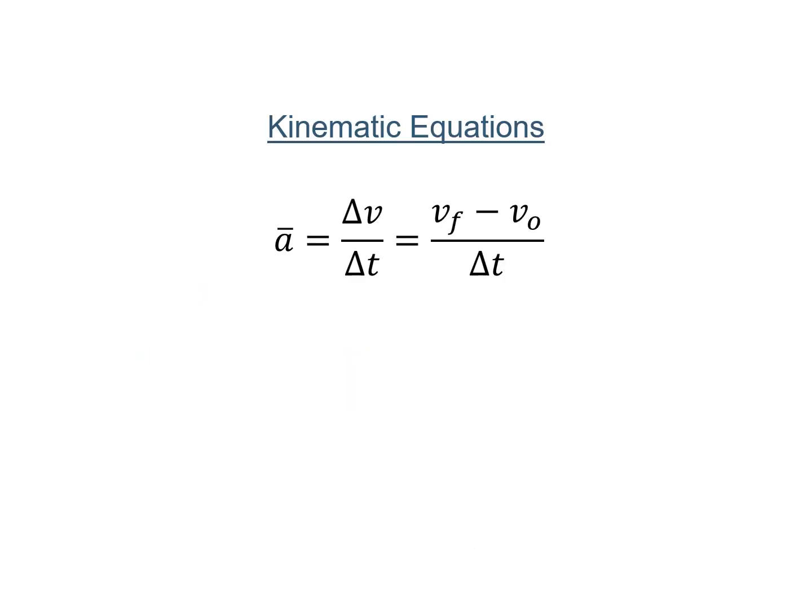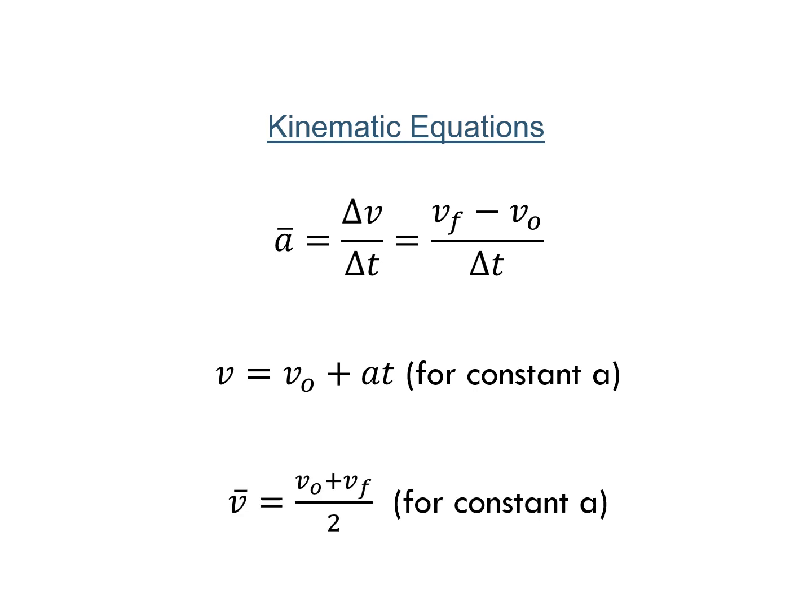We can also derive the kinematics equations using definitions of acceleration and velocity with algebra. Acceleration is defined as the rate of change in velocity, so here is our first equation. Average velocity for motion with constant acceleration can be found by averaging original and final velocities, because it is the midpoint of a linear growth.